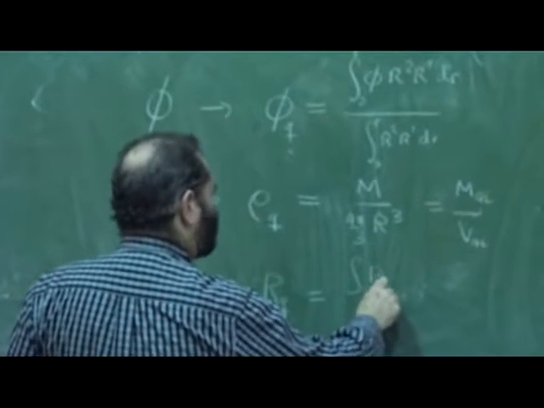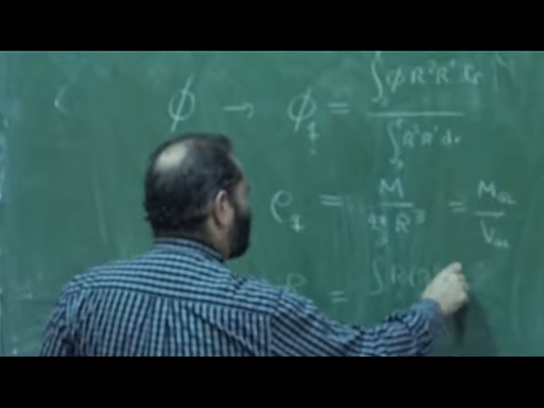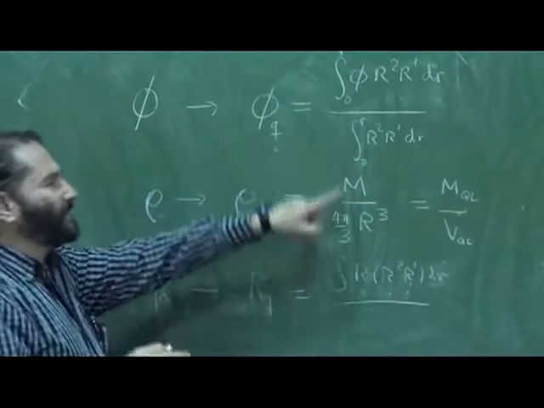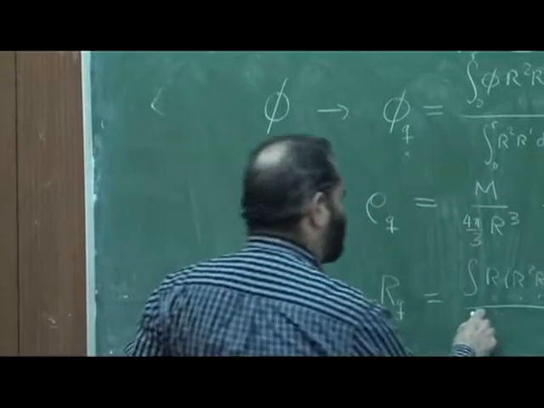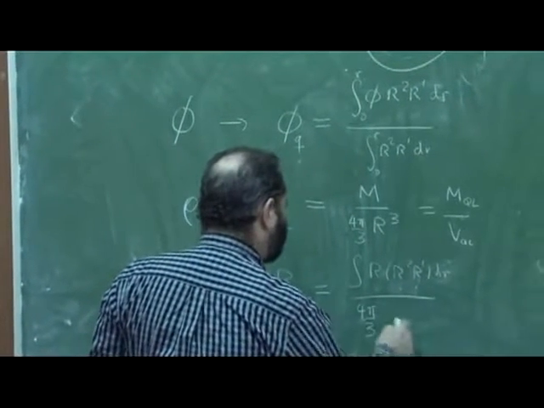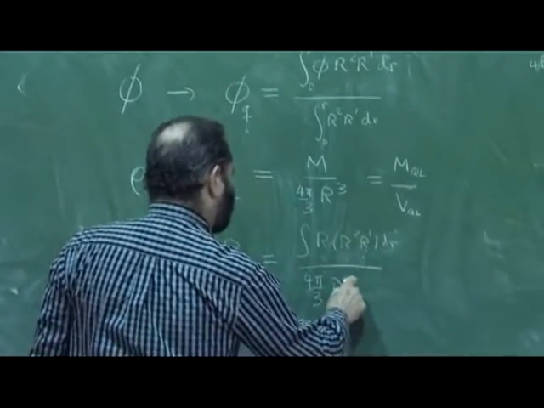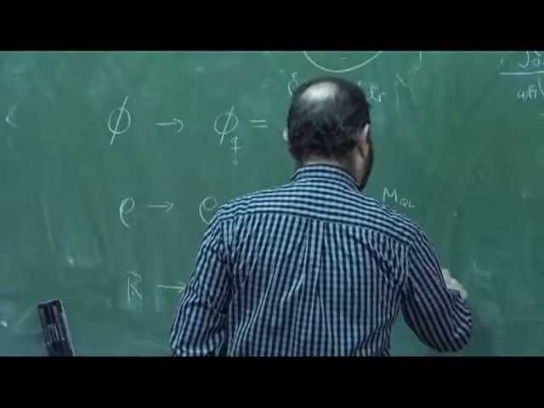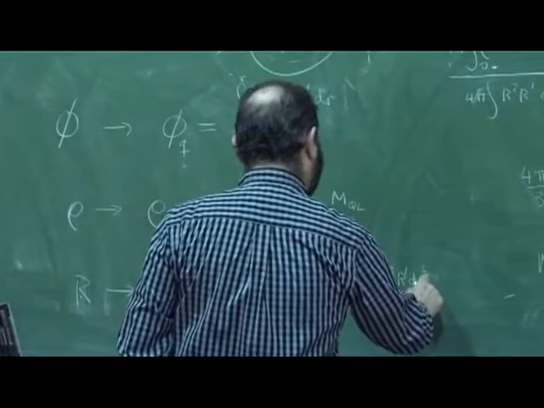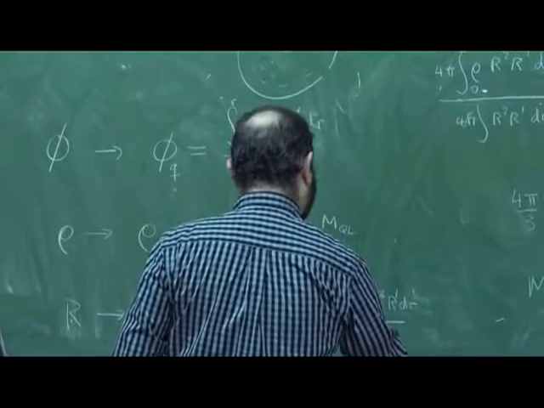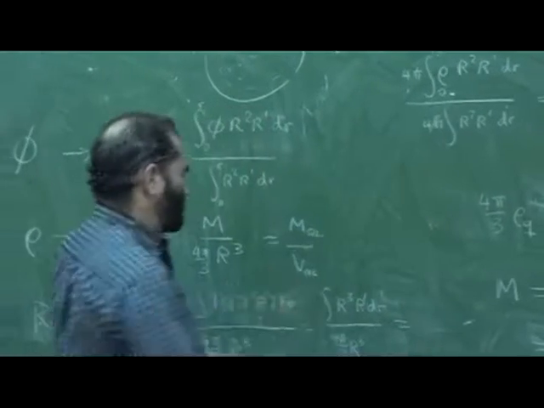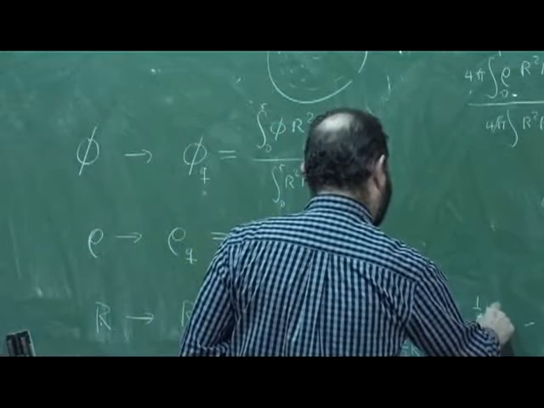RQ is the integral of R squared R prime dr, divided by the denominator, which will always be 4 pi over 3 R cubed. But notice that this becomes the integral of R cubed R prime dr, and this is 1/4 of R to the fourth.